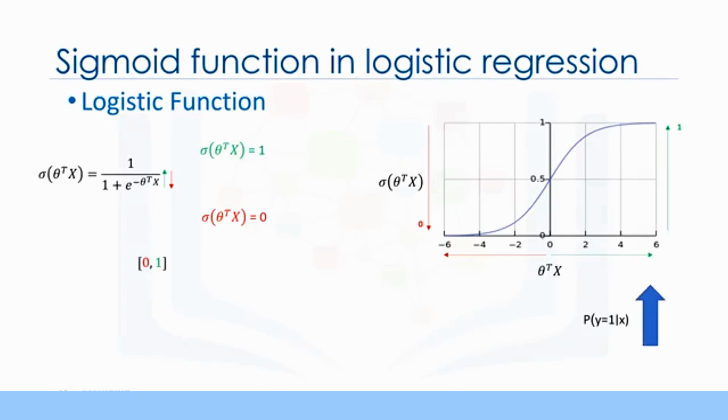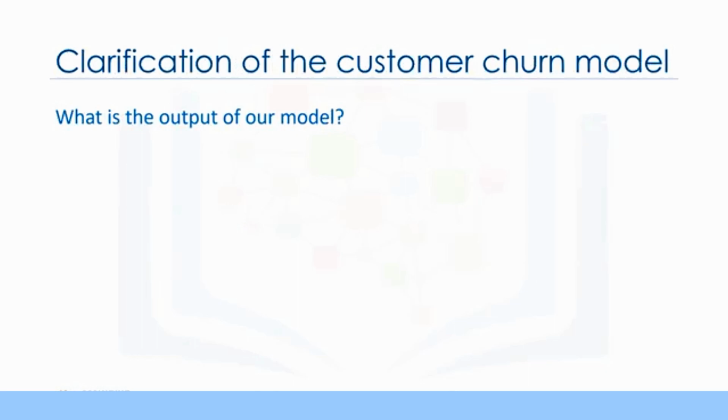It is obvious that when the outcome of the sigmoid function gets closer to 1, the probability of y equals 1, given x, goes up. And in contrast, when the sigmoid value is closer to 0, the probability of y equals 1, given x, is very small. So what is the output of our model when we use the sigmoid function?